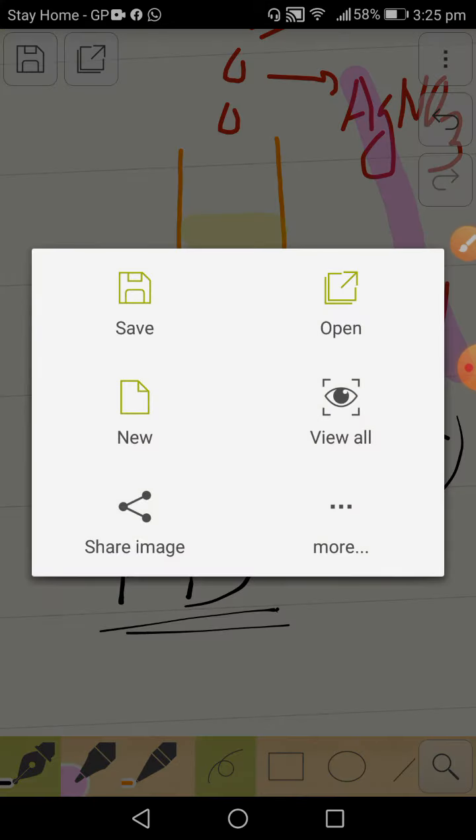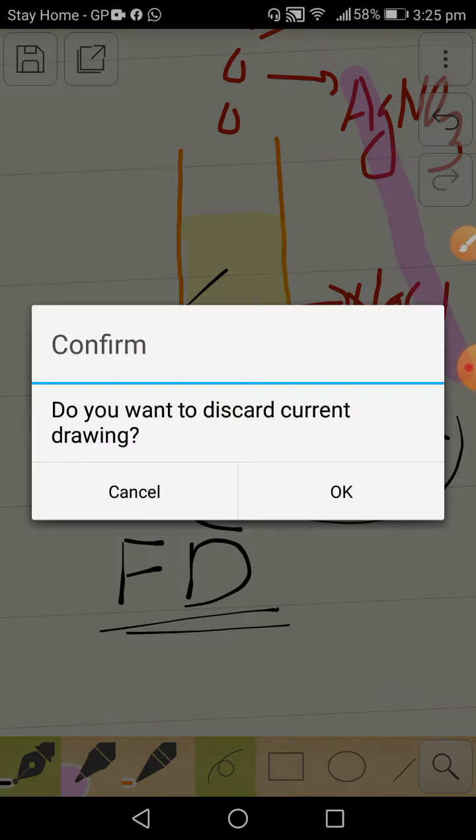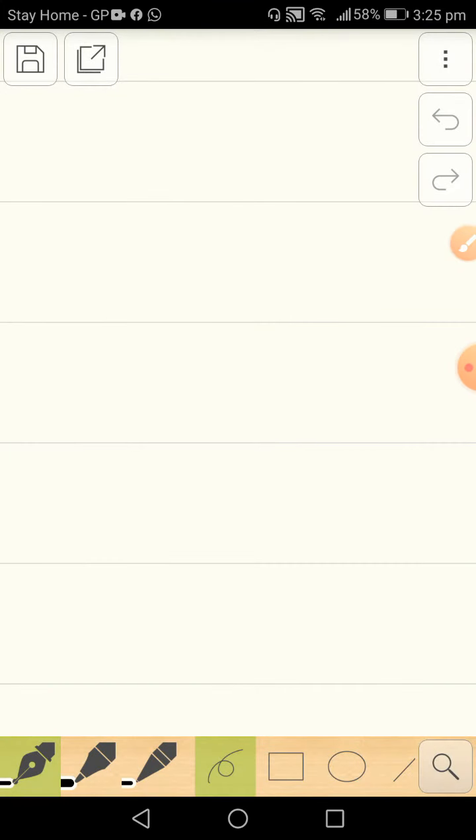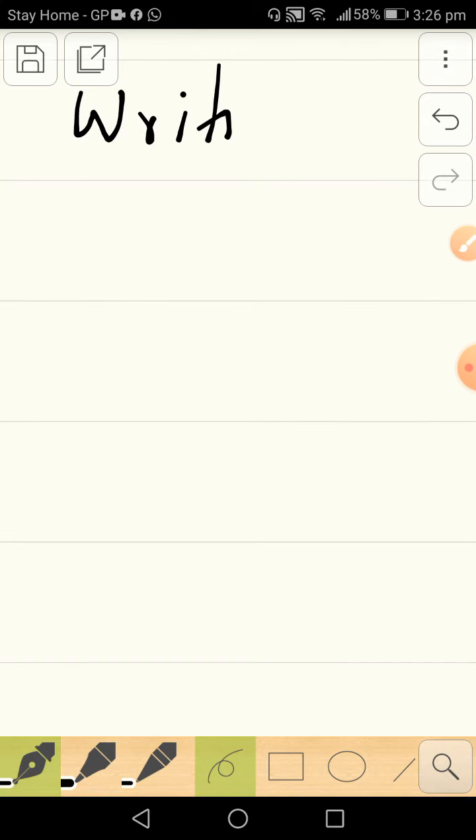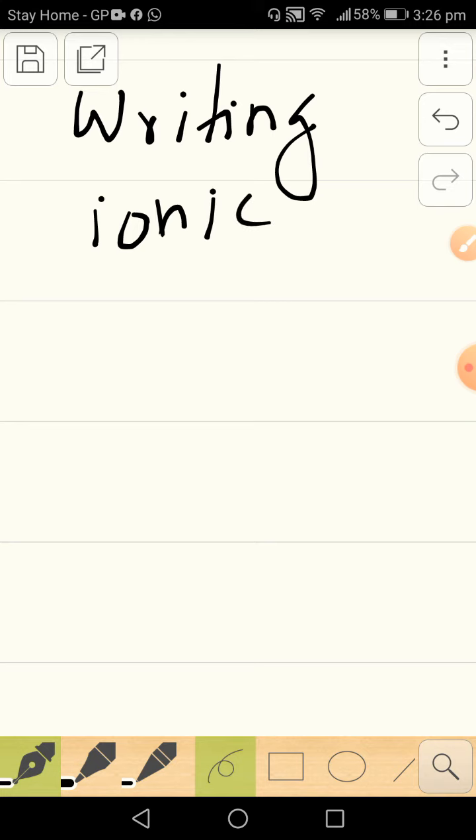Now what we are going to learn is writing various types of ionic equations. Please note the topic: writing ionic equations of salt preparation.